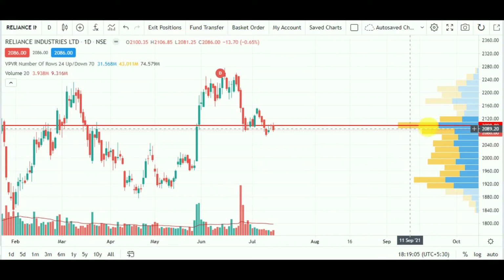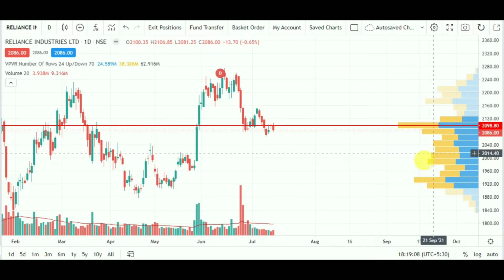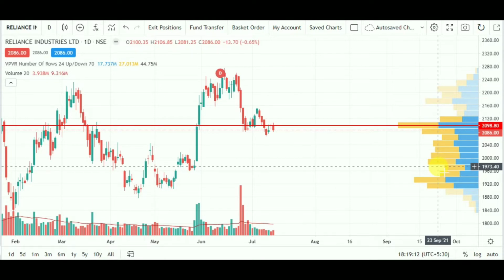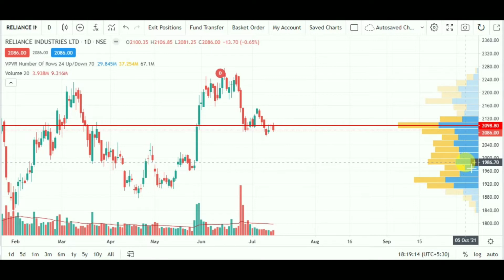Also, each horizontal bar by default would comprise of up volume and down volume. Each bar consisting of up volume, that is blue, and down volume, that is yellow, displays the total volume traded horizontally for that specific price level, from the leftmost candle under display to the rightmost candle.